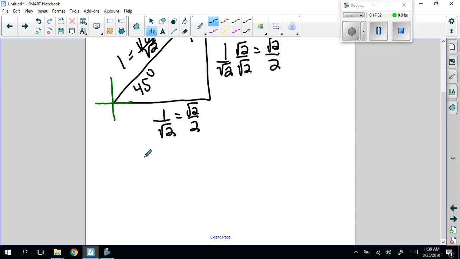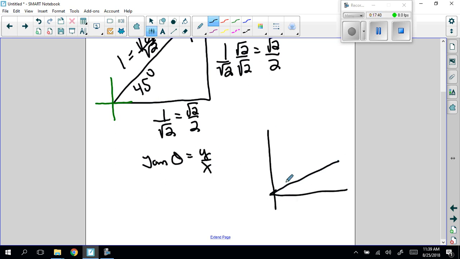Tangent of theta is y over x. Now, we got all these values here on the unit circle, like 1, 0.